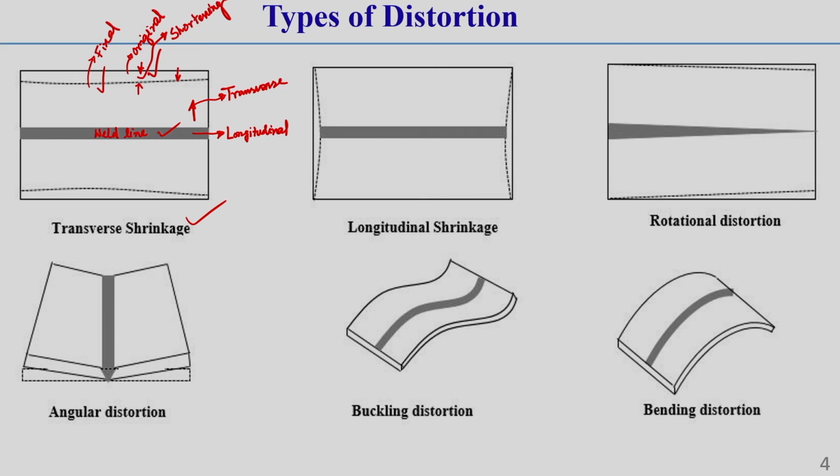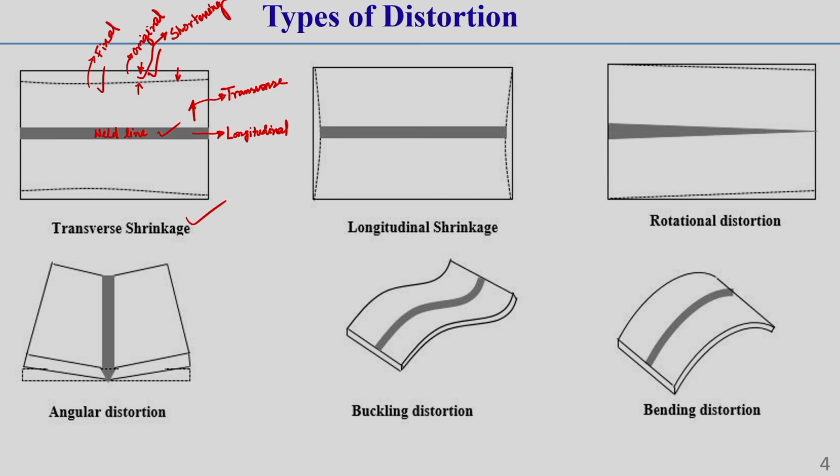In which direction does this shortening take place? It occurs generally perpendicular to the welding direction, that means along the transverse direction. That means in butt welding, the width of the plate decreases. Why is it decreased? Because during solidification in the weld zone some contraction occurs.